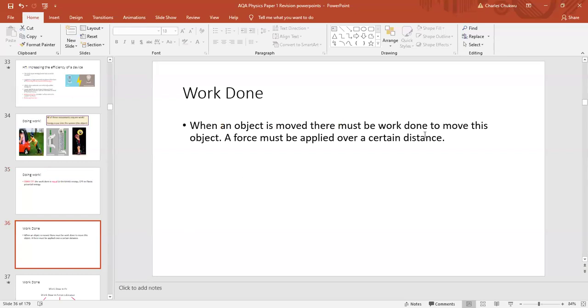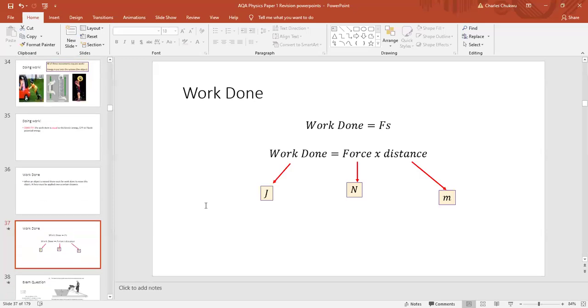When an object is moved, there must be work done to move it. A force must be applied over a certain distance. That's the reason why the formula for work done is force times distance. So that's why you see the F times S.